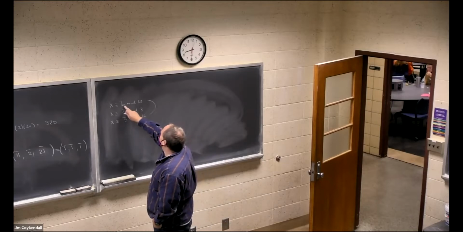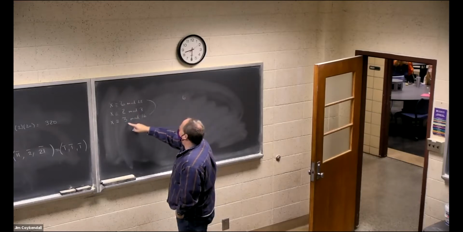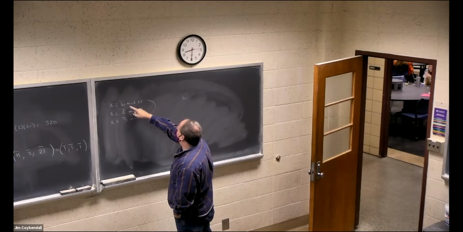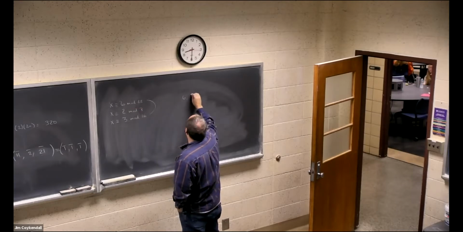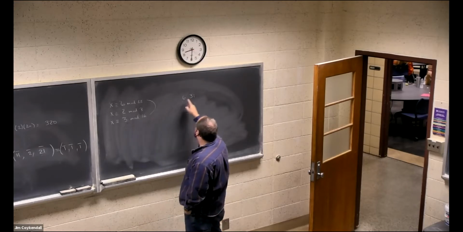If it's equivalent to 6 mod 25, then 6 is not equivalent to 3 mod 16. So basically that's 25, this is 31. Let me point out that to be equivalent to 3 mod 16, it's got to be odd.